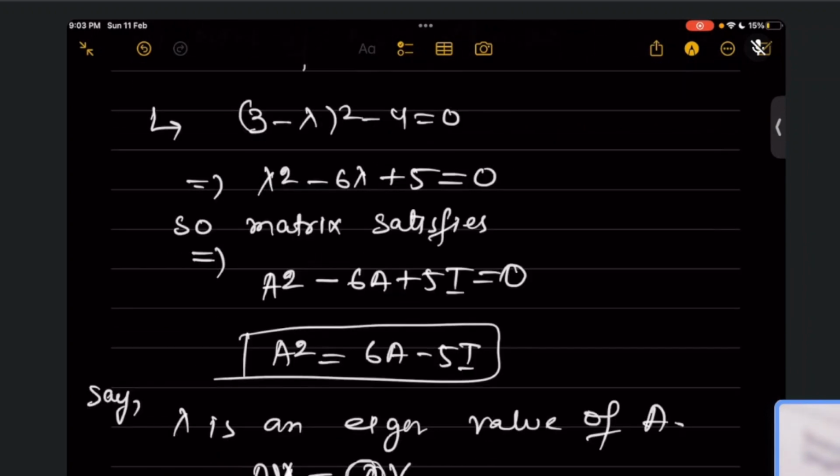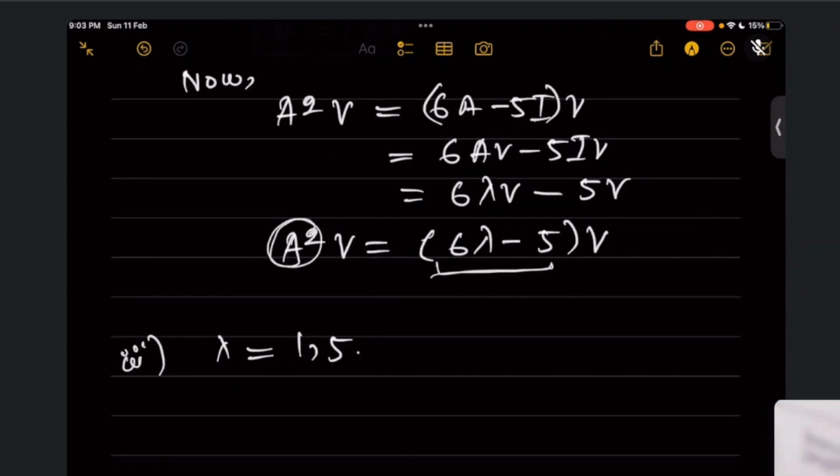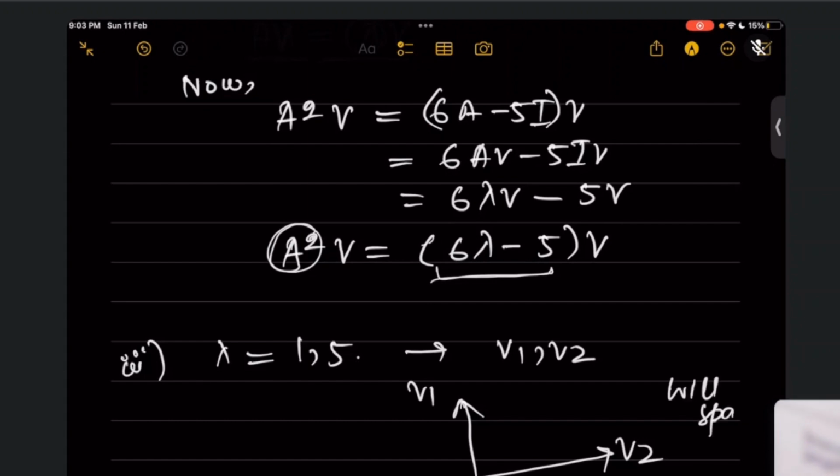What about this? For the third statement, as you already said, we are getting lambda as 1 and 5. It means from these two distinct eigenvalues, we will be getting two distinct eigenvectors, right? V1 and V2. And they will span R square, right?